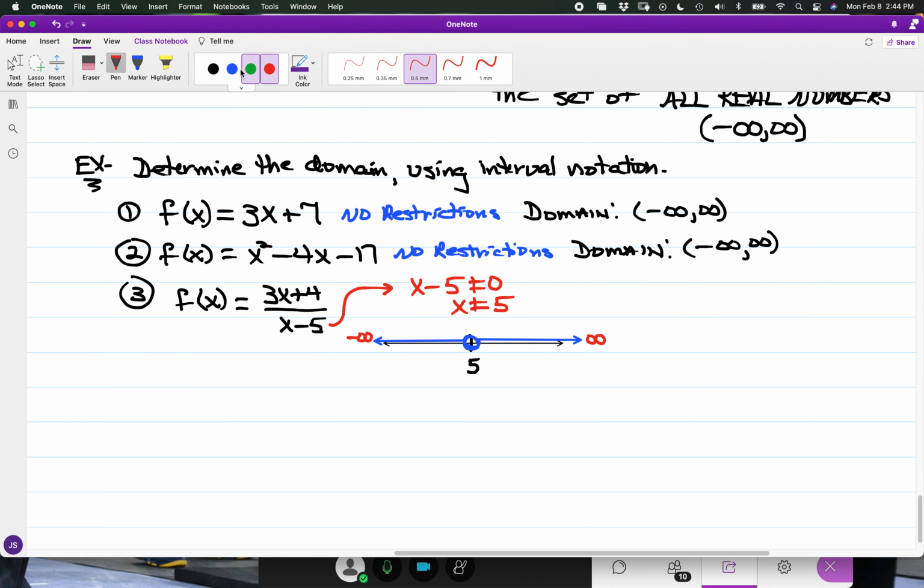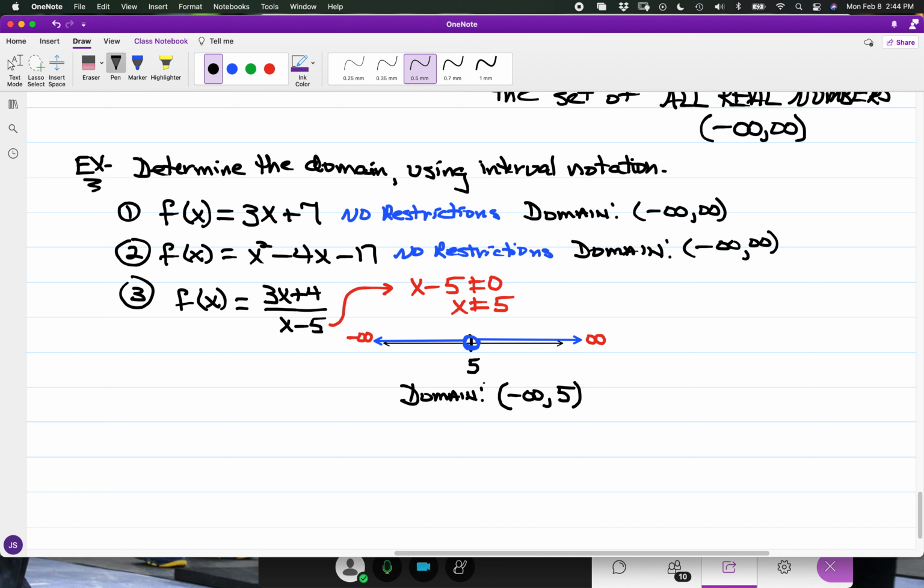And so for the domain in this particular case, we'll be going from negative infinity, approaching but not including 5. The exclusion of 5 is shown using parentheses.